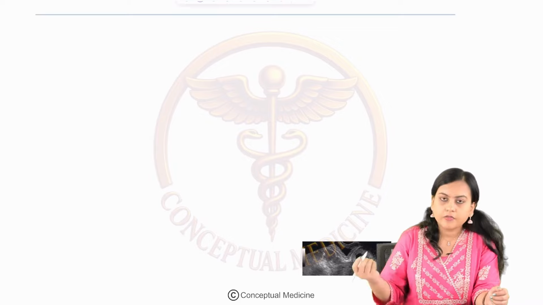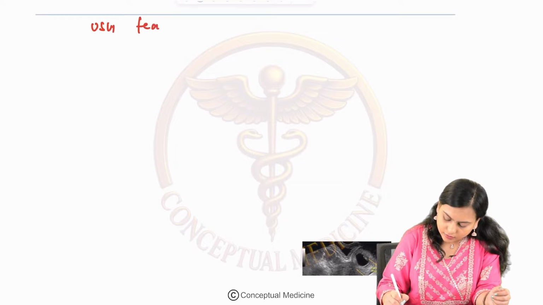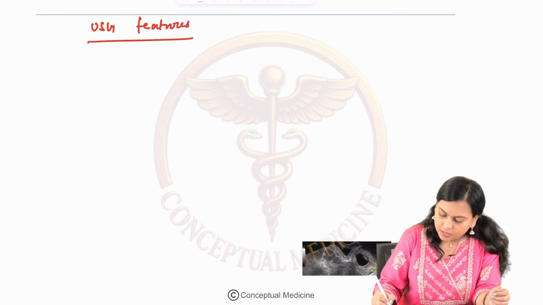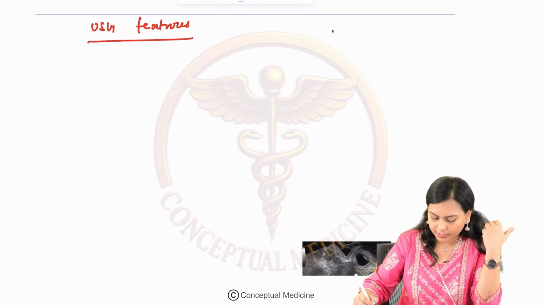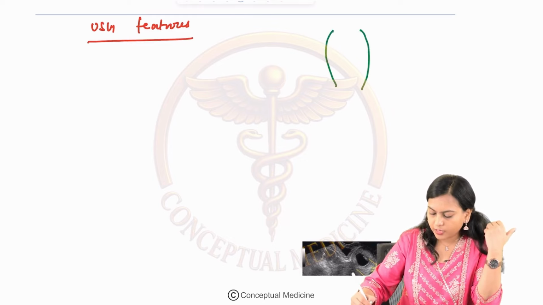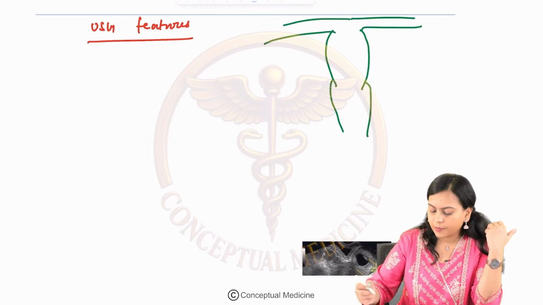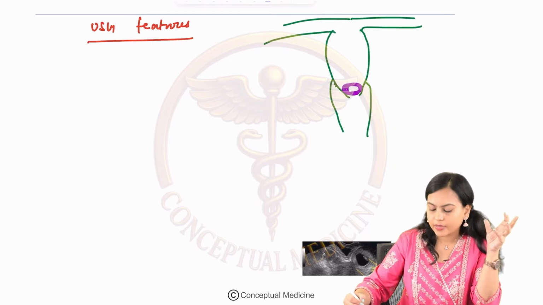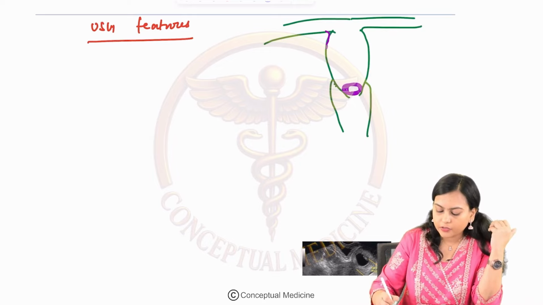Clear? Now we will see what the USG features of cervical ectopic pregnancy are. When ectopic pregnancy is present in the cervix, the cervix as well as the uterus are going to dilate. If this is the uterus and this is the cervix, a pregnancy is happening here in the endocervical canal, and this is going to dilate the cervix and sometimes dilatation of the uterus also takes place.